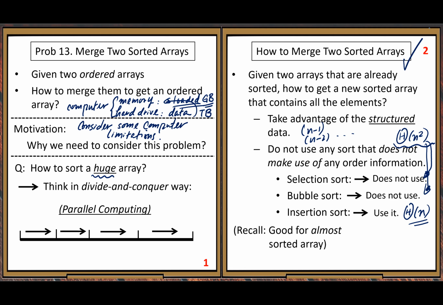We know insertion sort has a good property: it is good for an almost ordered array. Here we have two ordered arrays. If we put them together, we can treat it as a special case of an almost ordered array.